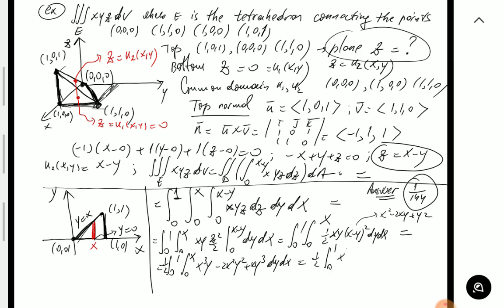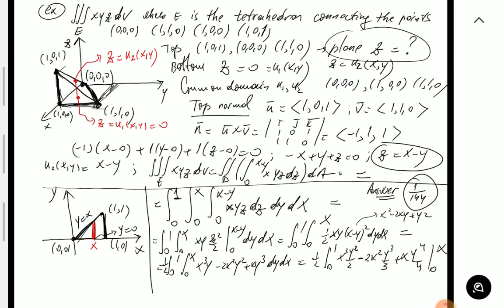And I get x cubed y squared over 2. One of the good things about this is that once it's recorded, I don't have to do it one more time. And then minus 2x squared y cubed over 3. And then plus x y to the fourth over 4. And now, of course, the bounds are 0 and x.